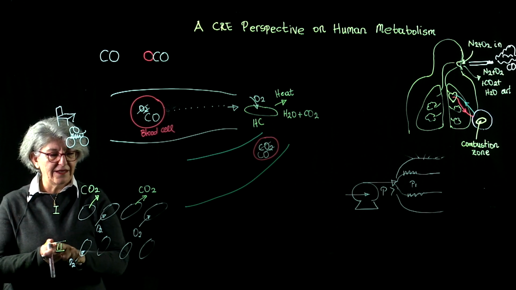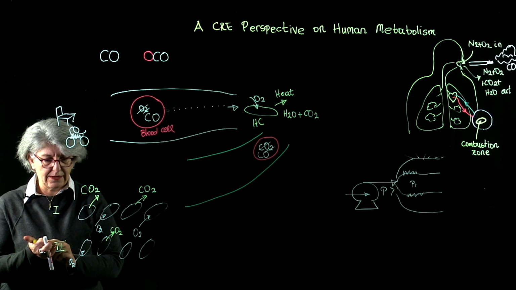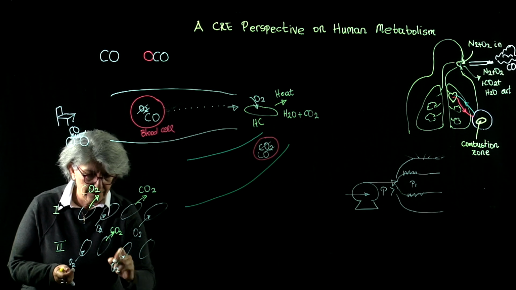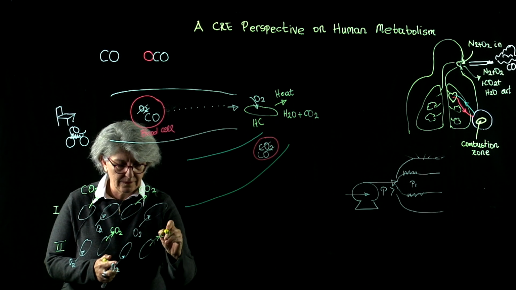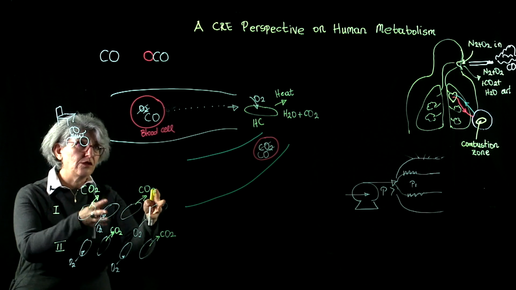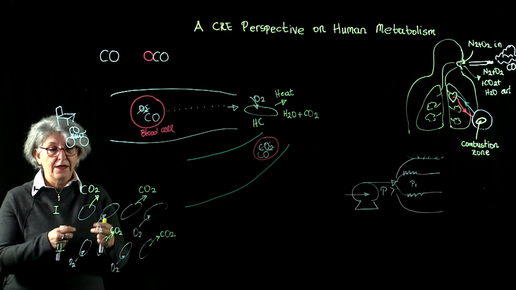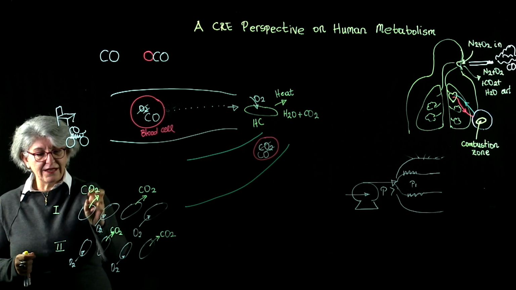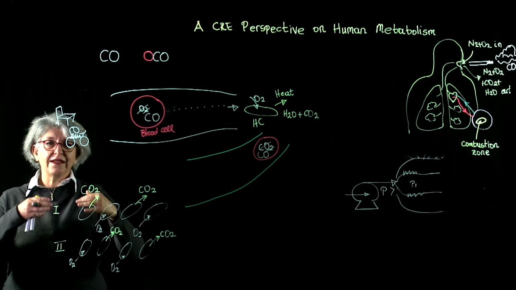And this cell, with its combustion, will discard carbon dioxide. And of course, this is taking place in unison with the blood cells also, which have to collaborate. So here we have the same cells taking in oxygen, producing carbon dioxide, and this cycle continues.